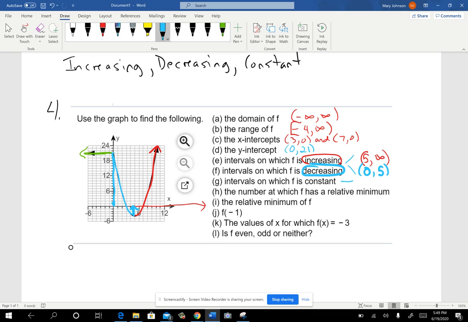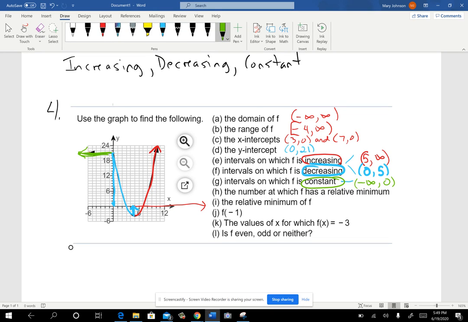Okay. And then for constant, I'm doing that in the green, and it's constant here. So from negative infinity until you hit the y-axis, which has an x-coordinate of 0, and it would be that open interval.